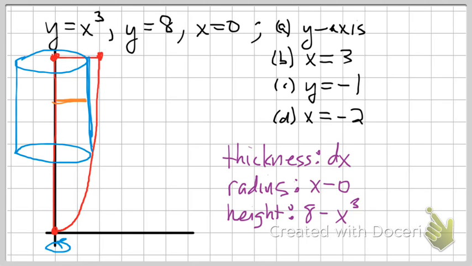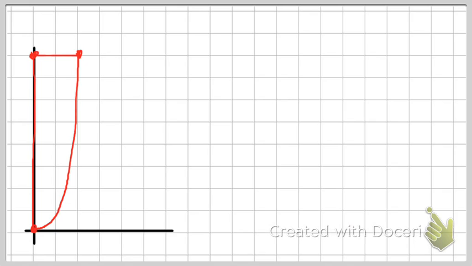Where do we go next? Around the line x equals 3. So same region, but now we're spinning around the line x equals 3. Again, this is the shell section, so let's do shells. Slice vertically or horizontally for shells? Slice vertically for shells. If I slice horizontally, what would I create?